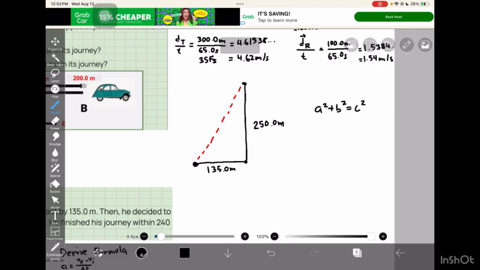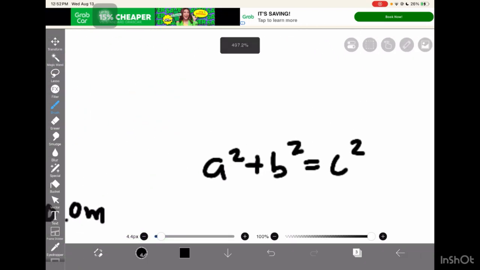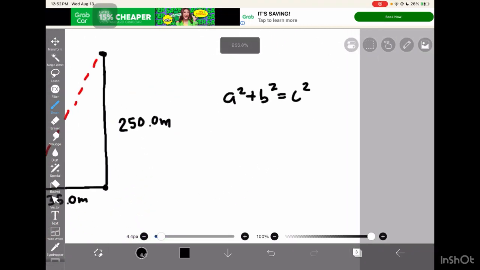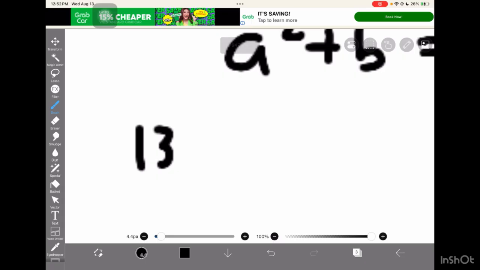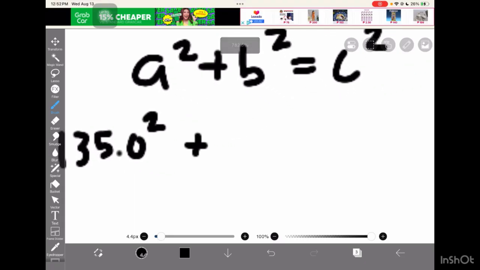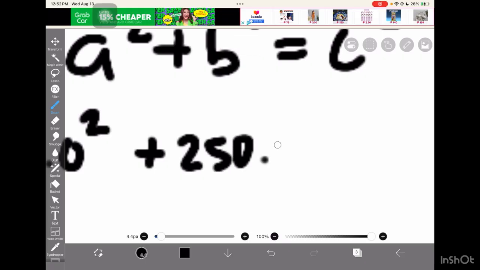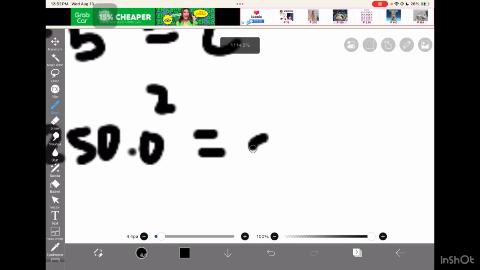So that's how we do it. It's the Pythagorean theorem. Let's put it. So 135.0 squared plus 250.0 squared is equal to c squared.